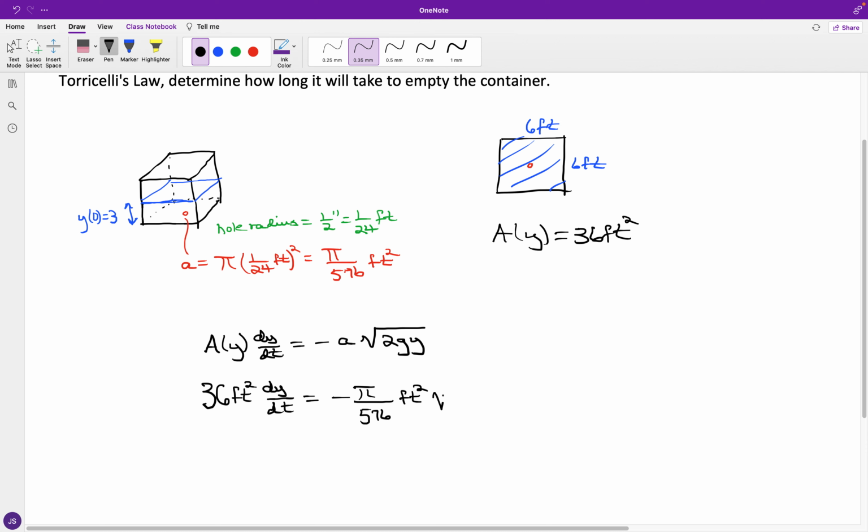And we have times the square root of 2, and for the gravitational constant we have 32 feet per square second, and again times y, the number of feet.